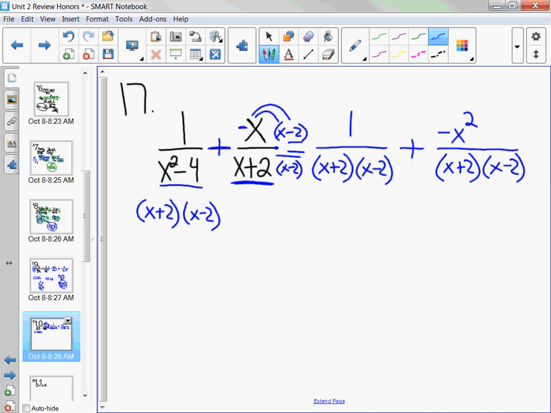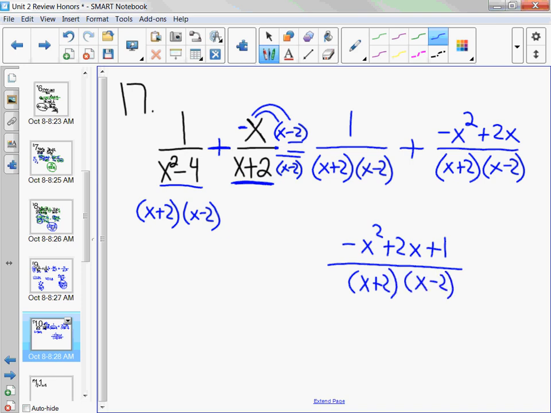And negative x times negative 2 is positive 2x. So if I add the 1 to it, I get negative x squared plus 2x plus 1 all over x plus 2 times x minus 2.